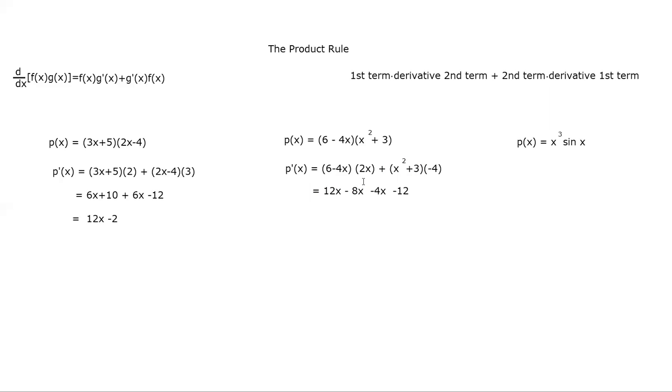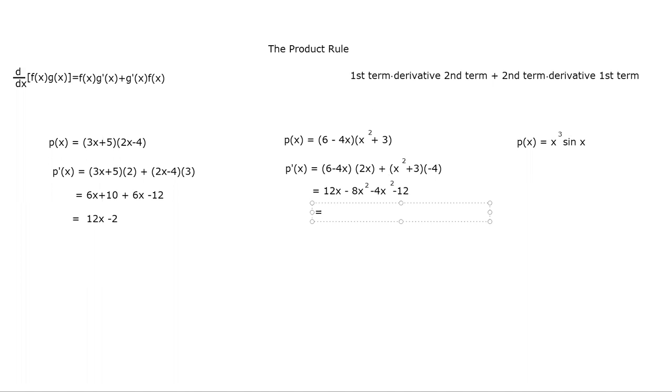Okay, that was 8x squared. Let me move it down a little bit. And then this was also negative 4x squared. Okay, so now we go through this problem and we need to simplify to finish it up.